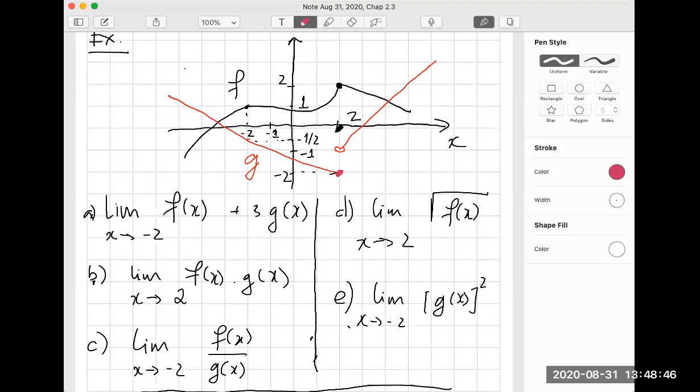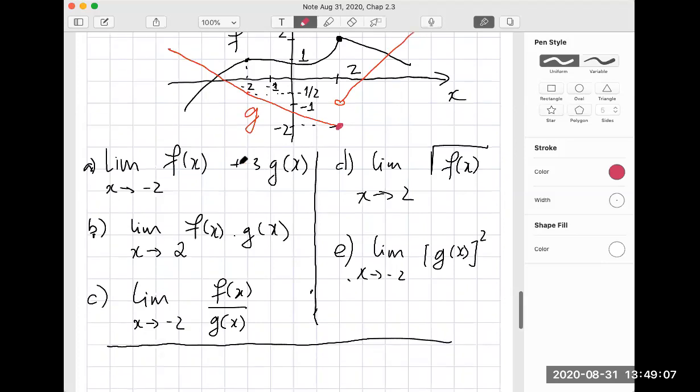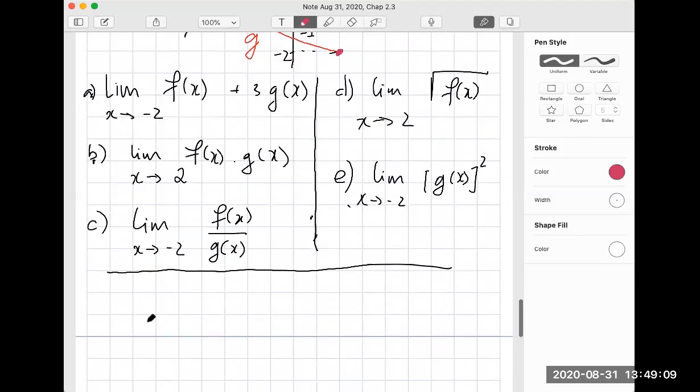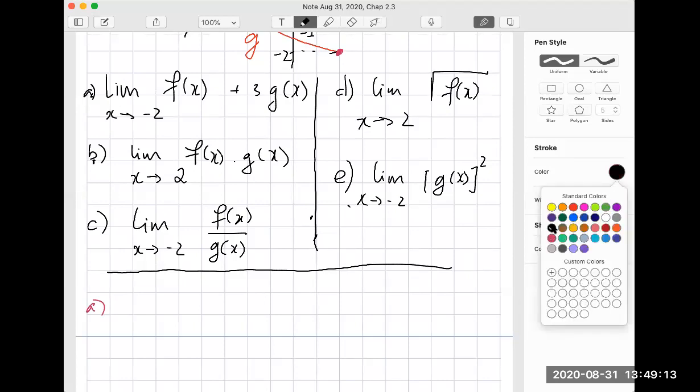And for x larger than 2, g follows this branch, okay? G at -2 is equal to -1/2, like this point right here. Okay, it's clear about the points, right? Now, first, the A, the solution of A.